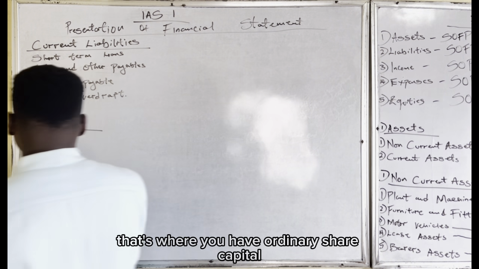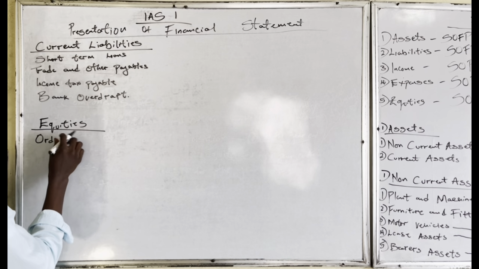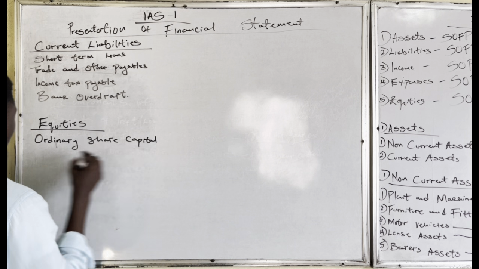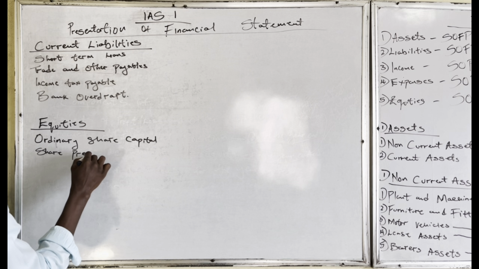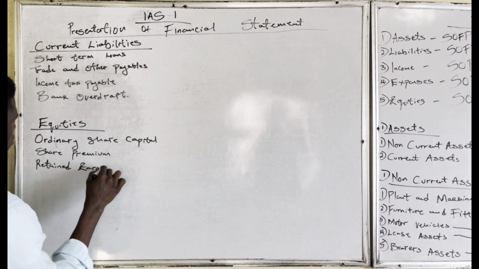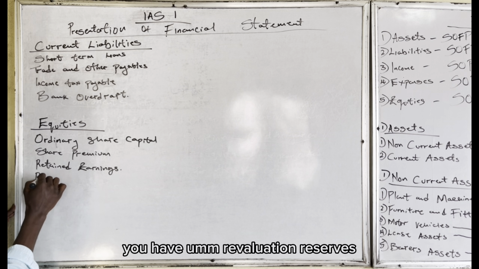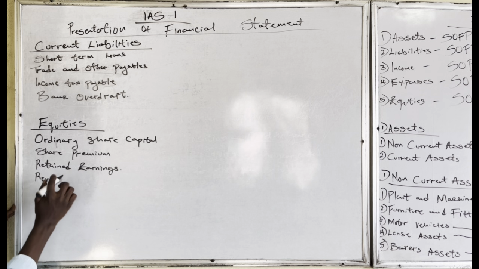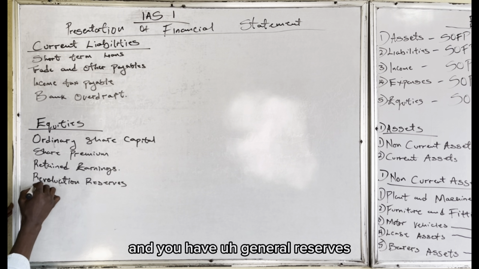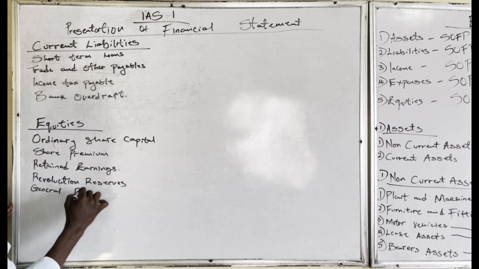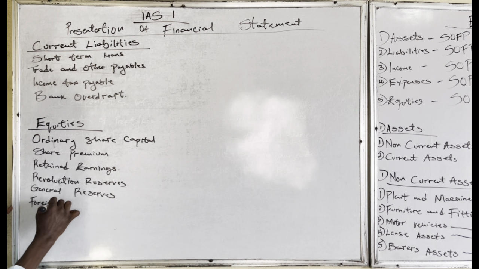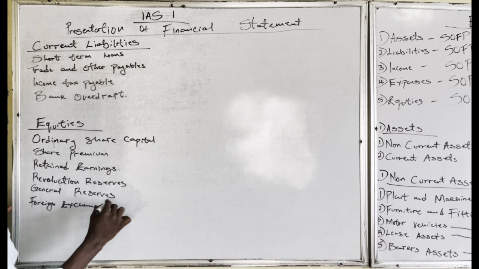So equity items, that's where you have ordinary share capital, you have share premium, you have retained earnings, you have revaluation reserves, then you have general reserves, you can also have foreign exchange reserves.